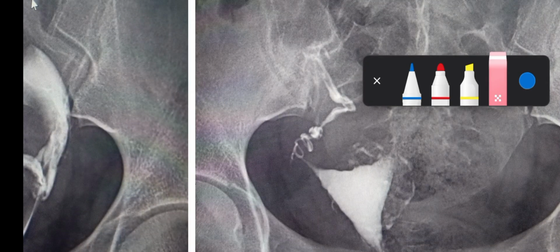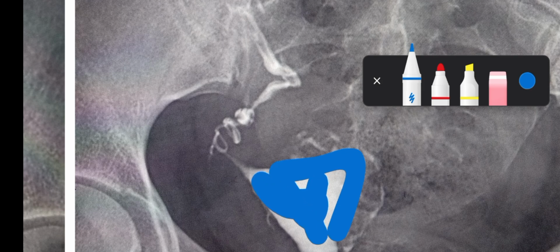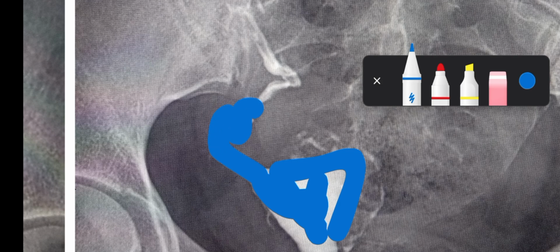We'll see this other one here. We'll see the womb shown. Then we'll see this structure here. That is the tube. But we're not convinced whether there is free flow out of this tube.